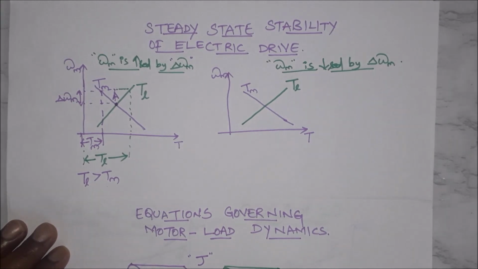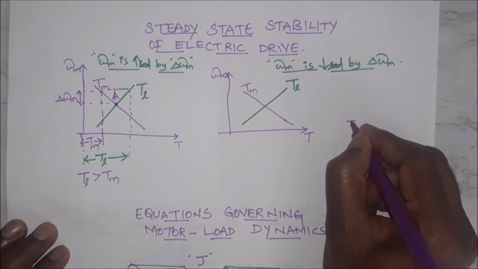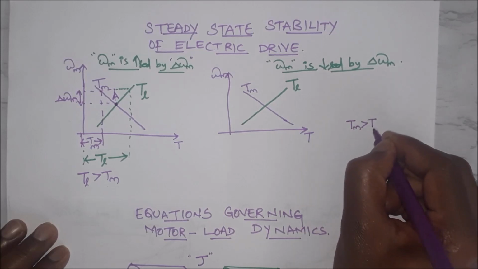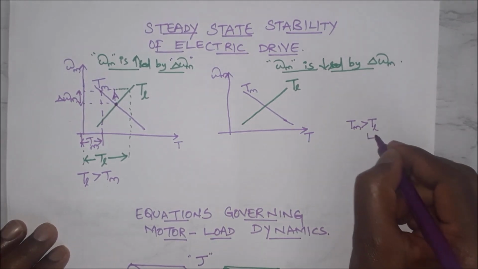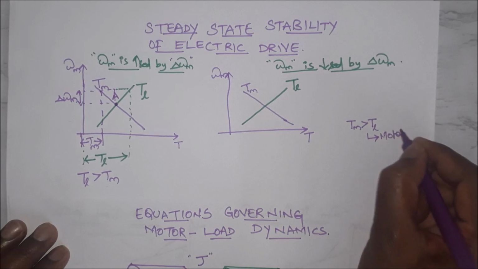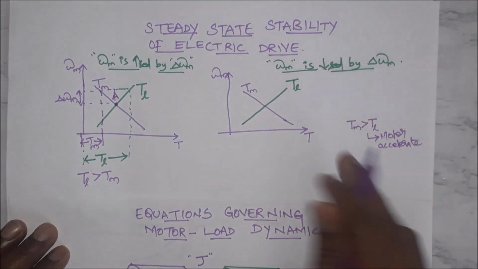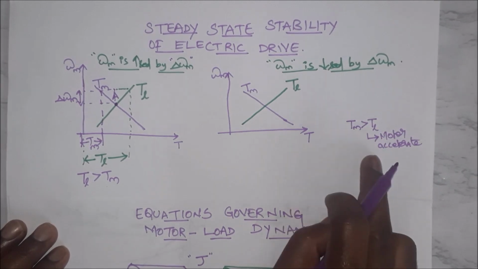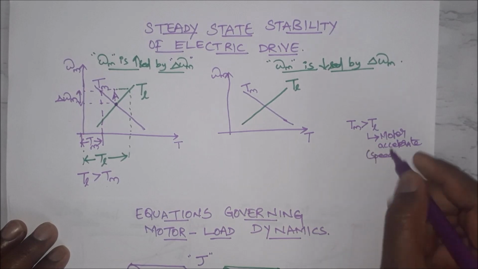Basically, we have to know one thing: when the torque developed by the motor is greater than the torque developed by the load, the load torque, then your motor tends to accelerate. Whenever your motor torque is greater than the load torque, then your motor accelerates. That means speed increases.